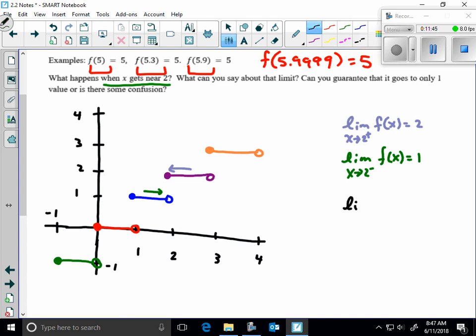Because the limit of f of x as x approaches 2 from the left is not equal to the limit as x approaches 2 from the right, this limit as x approaches 2 does not exist.